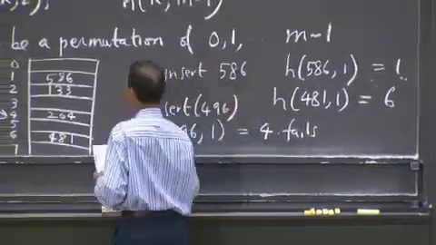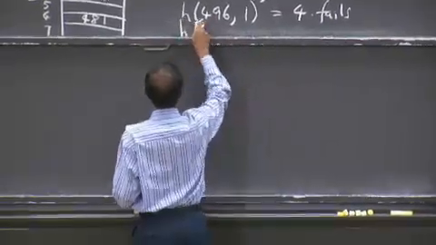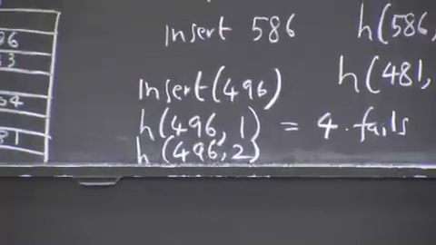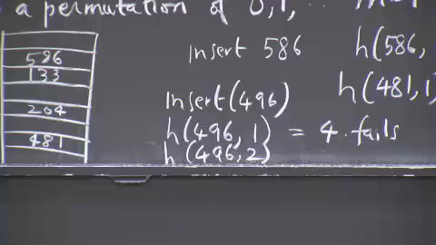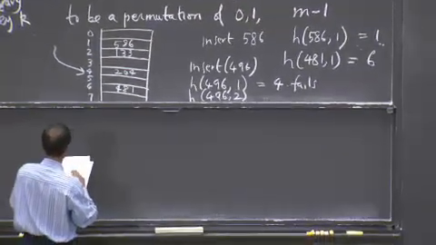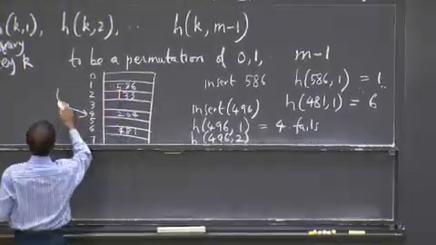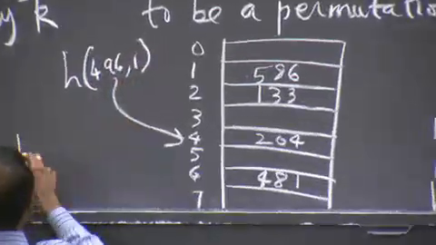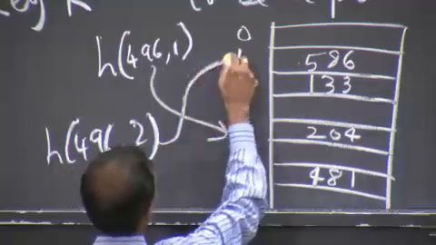So I need to go to h(496, 2). And h(496, 2) may also fail. You might be in a situation where h(496, 2) gives you 586. So this was h(496, 1), h(496, 2) might give you 586.